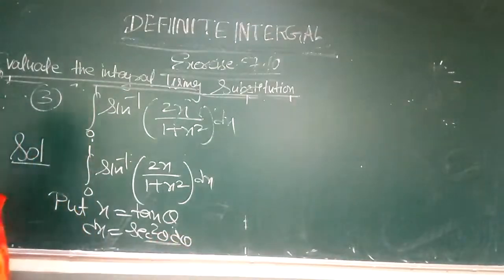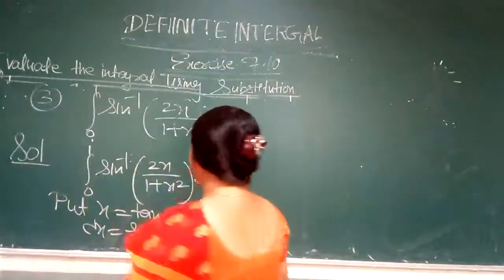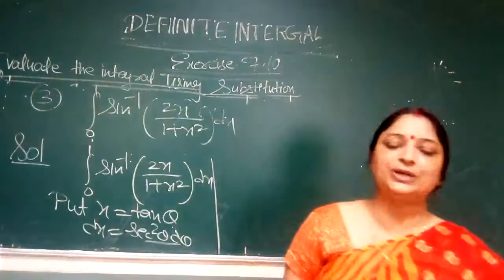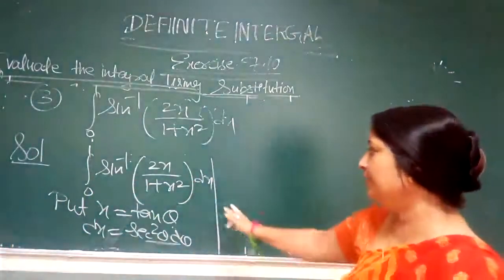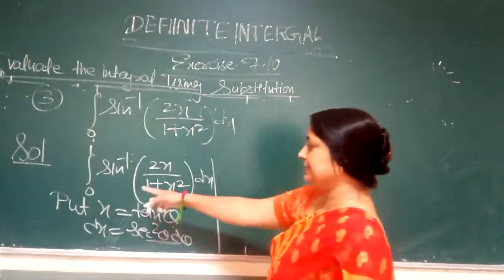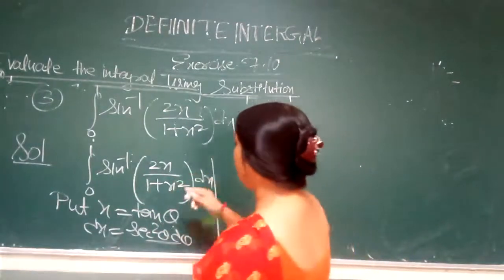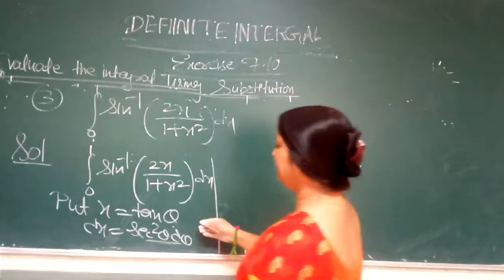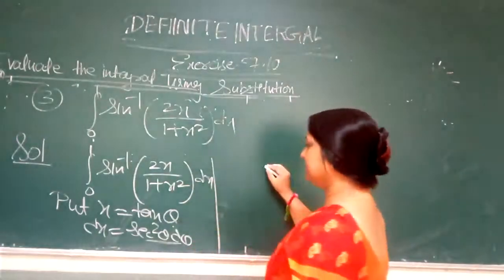Now very important step, whenever in a definite integral you are substituting something, you have to change the limit. So here limit is in the form of x, now we change in the form of theta.